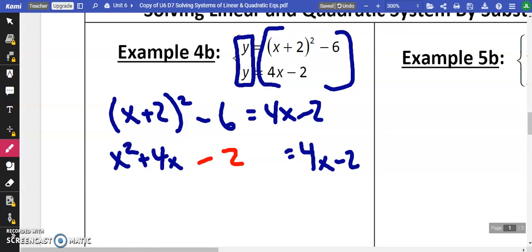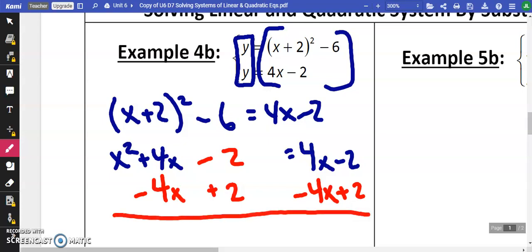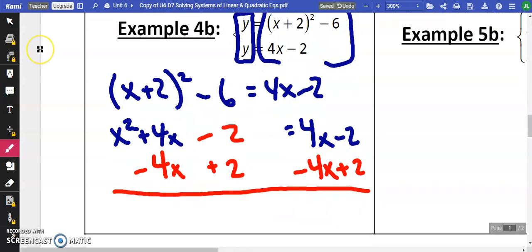So we can go ahead and subtract 4x and add 2 on both sides to get a 0 over there. So these cancel, and everything over here cancels. I'll get a 0 down here, and then the x squared will come down over here.